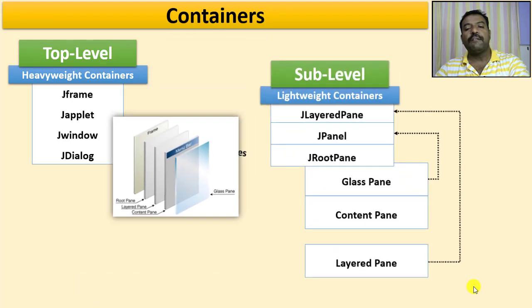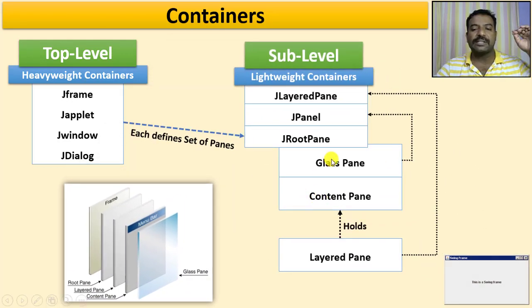And so whenever we have the glass pane, the content pane and the layered pane, the layered pane will hold the content pane. Whatever content or component I want to put, I need to put it into the content pane. The layered pane is going to hold the content pane.